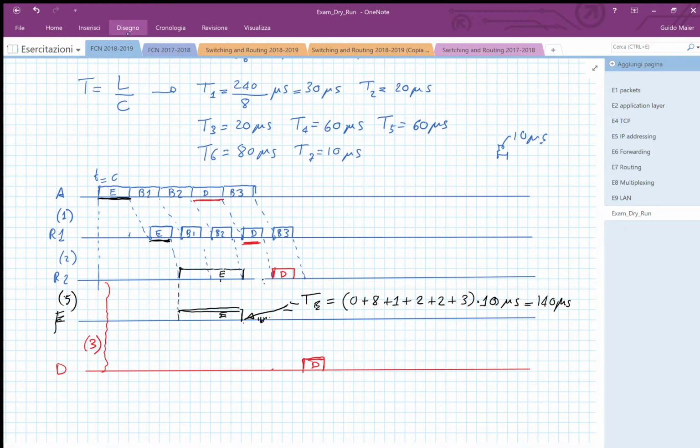Instead, if we consider the packet that is arriving in D, actually D is the final destination.